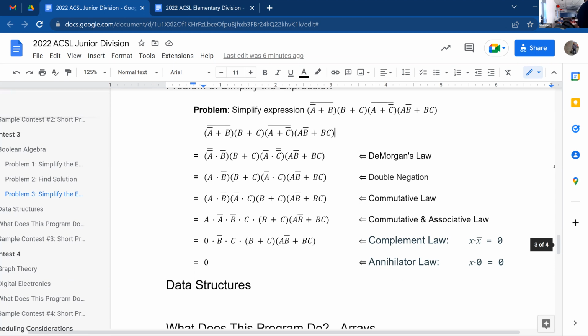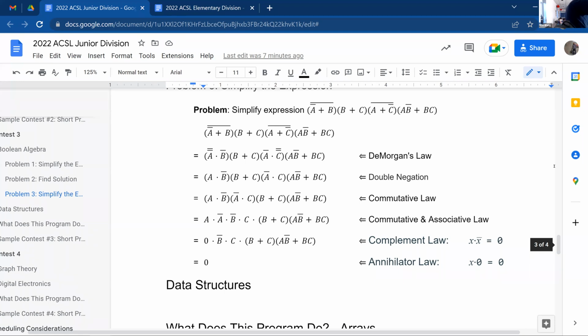And then this part becomes not A and not C, right? So I applied the same law on both of these, and the other parts are the same, just copied down. And then we apply the double negation law to get rid of the double negatives, right? So not A becomes A, not C becomes C, right?